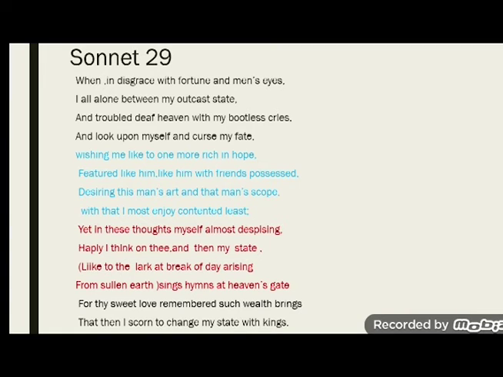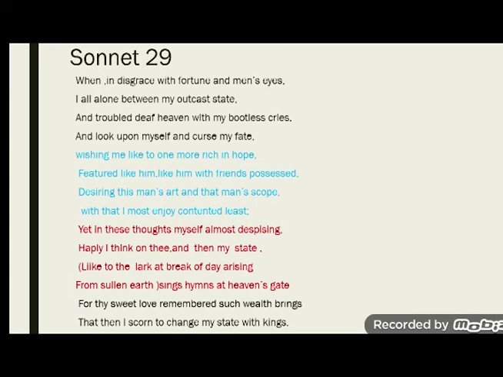Then the third stanza. "Yet in these thoughts myself almost despising, haply I think on thee, and then my state, like to the lark at break of day arising from sullen earth, sings hymns at heaven's gate."